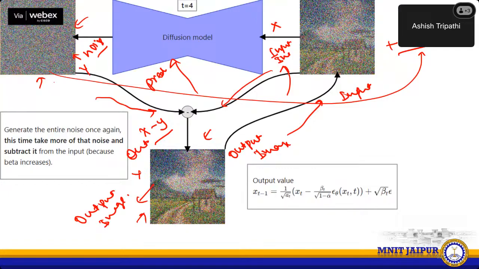So I am subtracting the same in order to get the image in the previous step. Can anyone comment and confirm that you are getting this step? Okay, I hope that you are getting it.